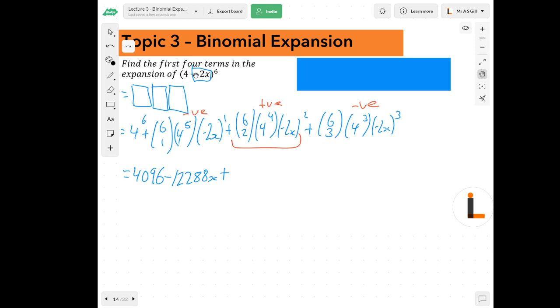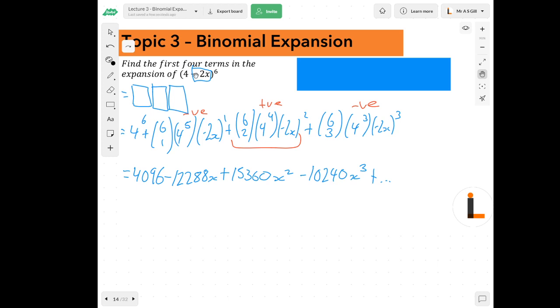So this is going to be 15,360 x squared. And then last term, plus 6 choose 3 this time times negative 8. So this is going to be minus 10,240 x cubed plus dot dot dot. We know there's more terms in here, but we're just not interested in them.